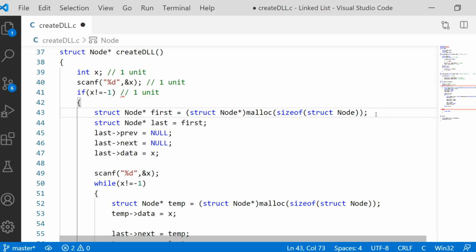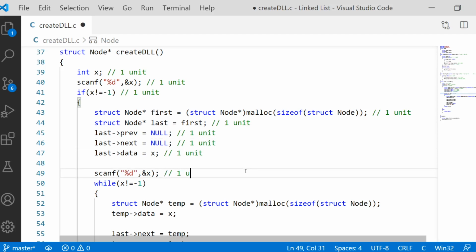Creating a node will take 1 unit of time, and for this it will take 1 unit. It's again 1 unit for the next line, and again 1 unit for the last of data equal to x. Then for the next scanf, again it is going to be 1 unit.